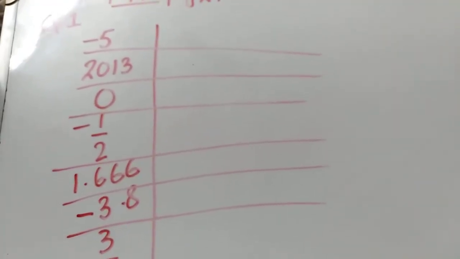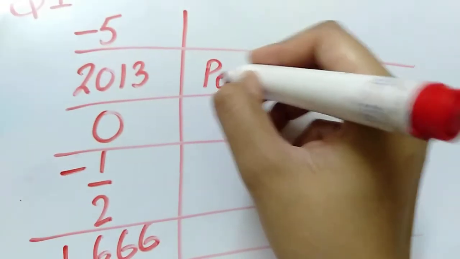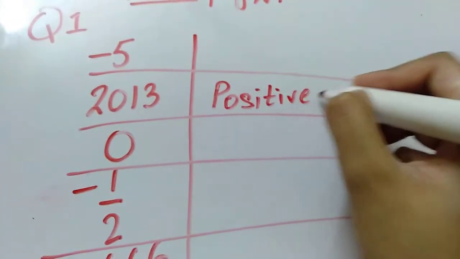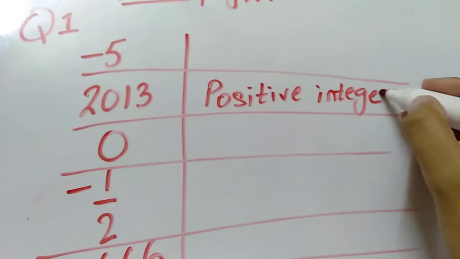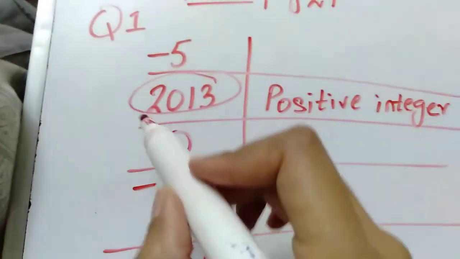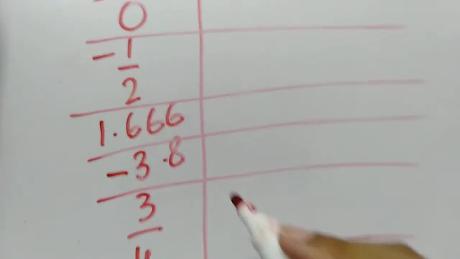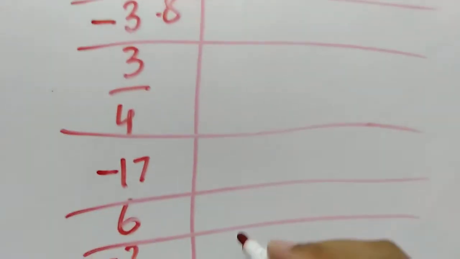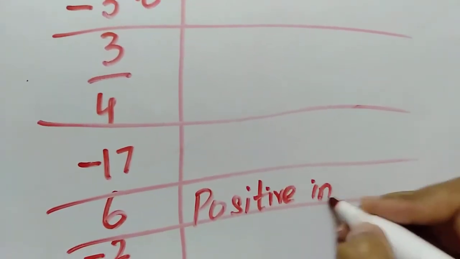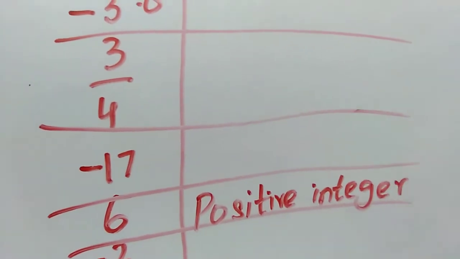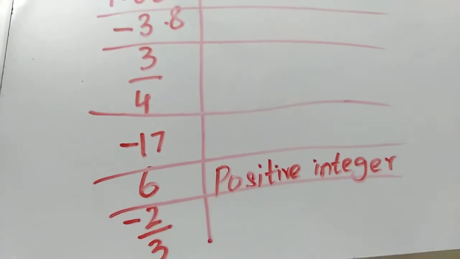So now we are going to write which are the positive integers. 2013 is a positive integer because it has a positive sign with it and it's not in fraction. Now 6 is also a positive integer because 6 has the positive sign and it is not in fraction.